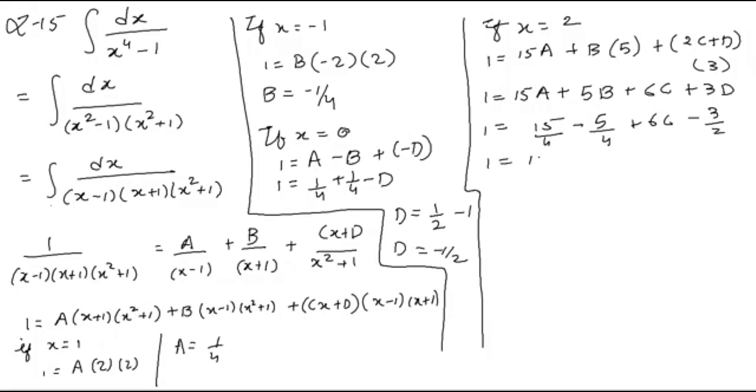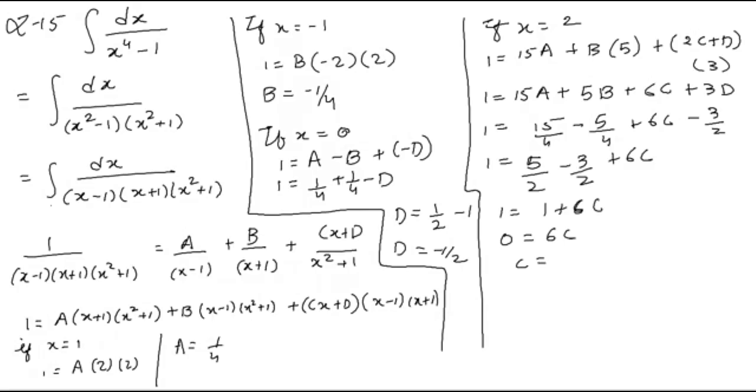So this will be 10 by 4, which will be 5 by 2 minus 3 by 2 plus 6c. 1 is equal to 3 minus 5 minus 3, 3 by 2. 2 by 2 will give you 1 plus 6c. So 0 is equal to 6c.